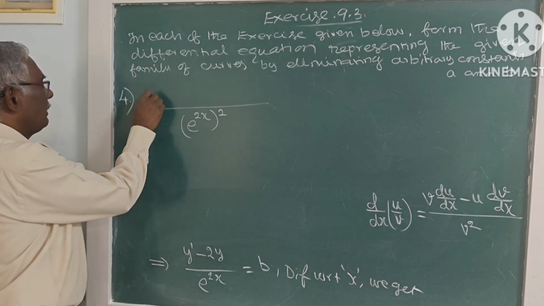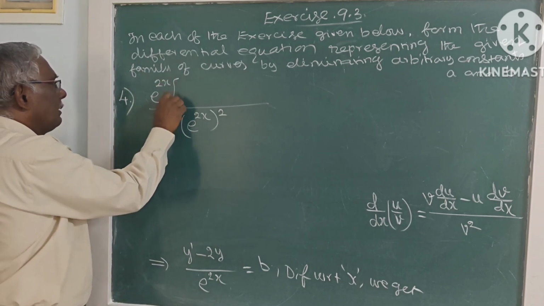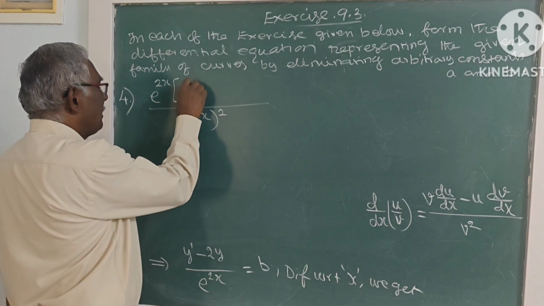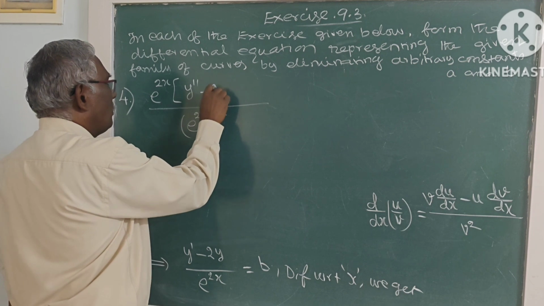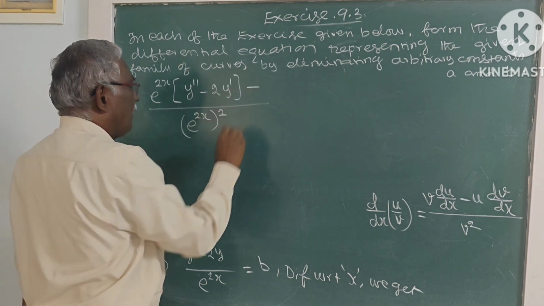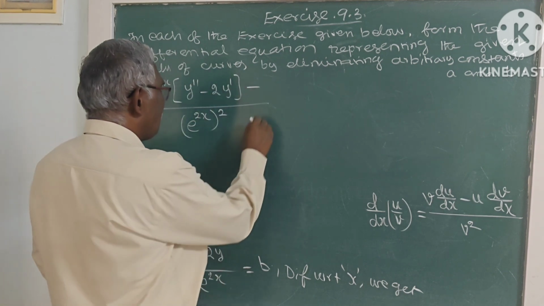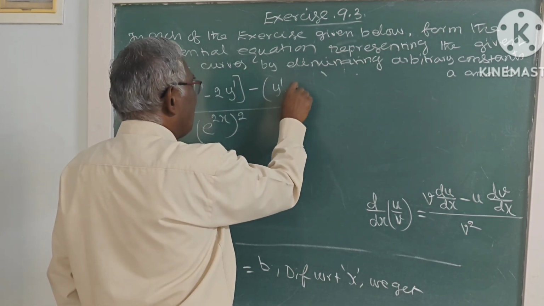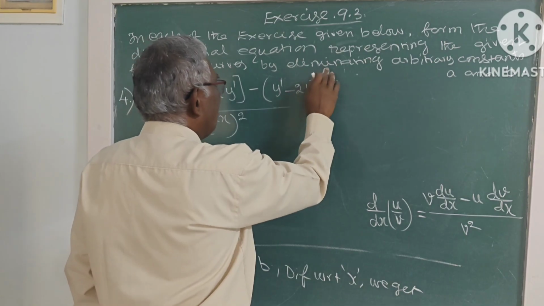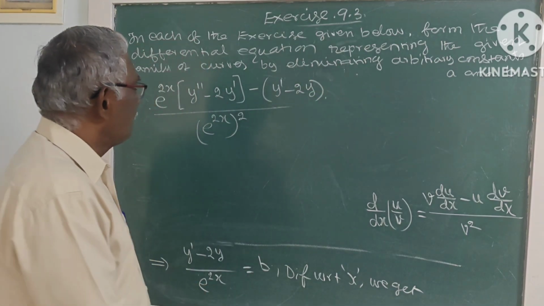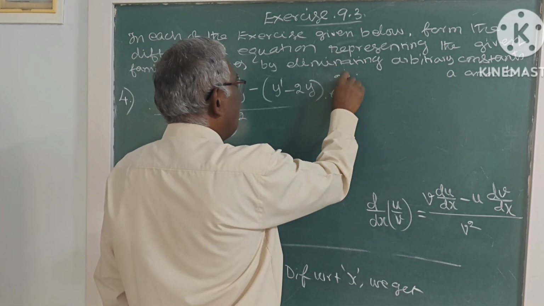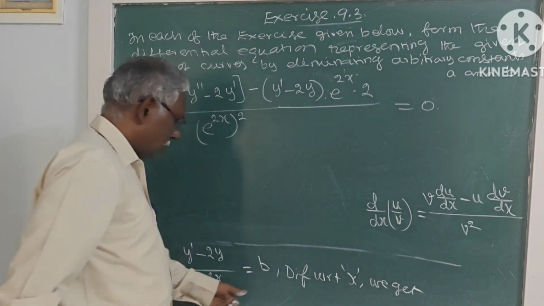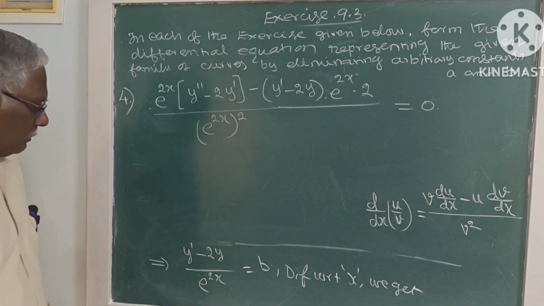In v, that is e power 2x, then the differentiation of the numerator y double dash minus 2y dash, minus u, that is y dash minus 2y, then differentiation of the denominator e power 2x into 2, is equal to 0, because if we differentiate a constant, 0 will come.